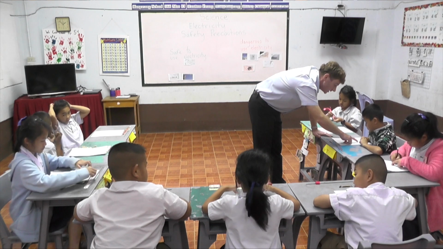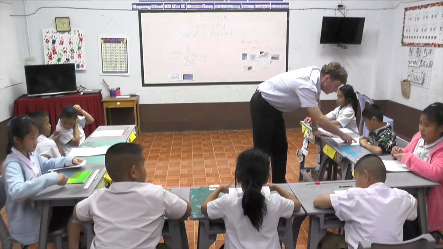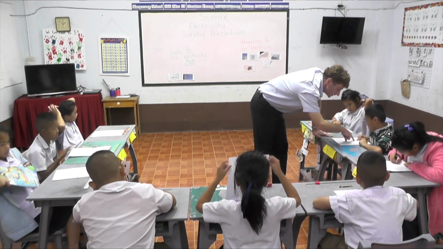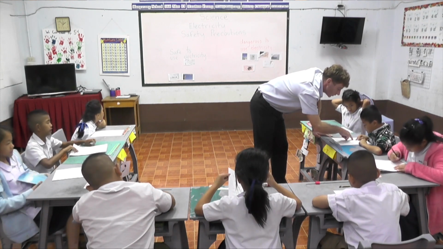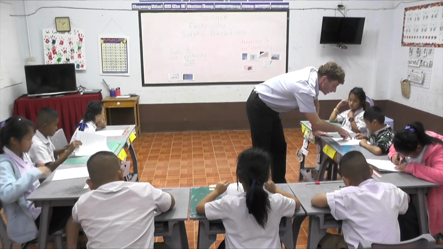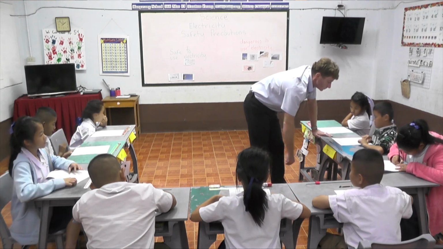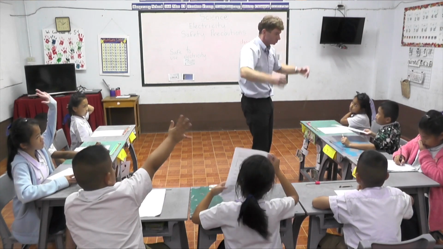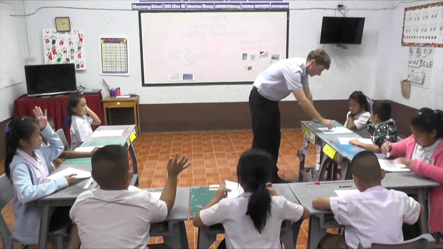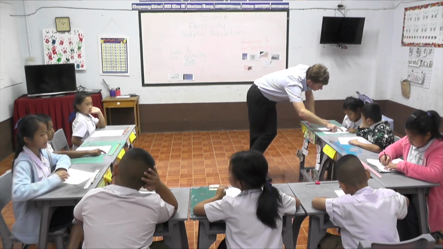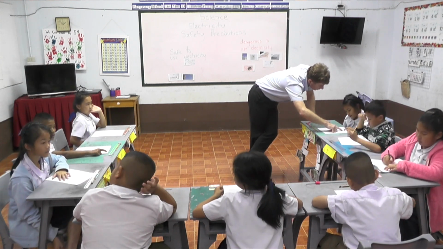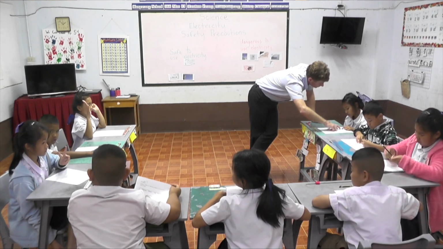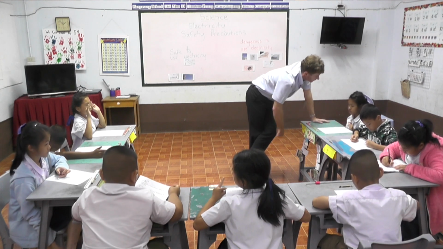Lightning is a form of natural electricity that occurs during thunderstorms. Excellent. You know in the sky when you hear the big thunderstorms. Number 5. Dangerous use of electricity can result in injury. Excellent.